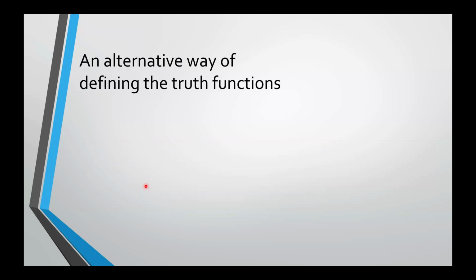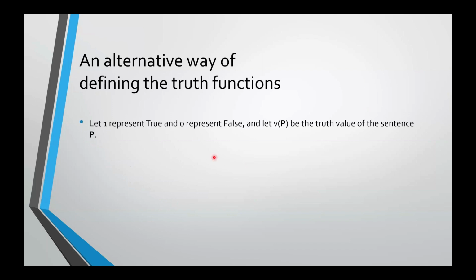The last thing that I want to talk about in this video is, so we've gone through all of the different connectives in SL and looked at the definitions of the truth functions for all of those different connectives. So what I want to talk about briefly here is an alternative way of defining the truth functions, which is sort of interesting. What we do for this definition is instead of having T for true and F for false, we let one represent true and we let zero represent false.